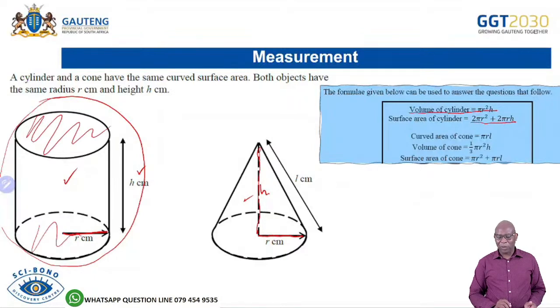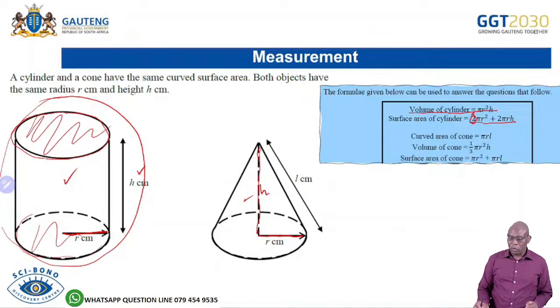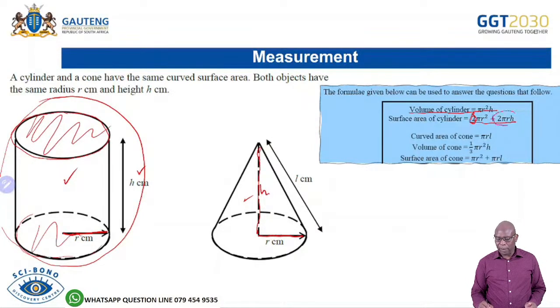With a cylinder open on both sides, the 2 will not be there. The 2 represents the area of this part here and the area of that part there. So the 2 pi r h is this circular part.